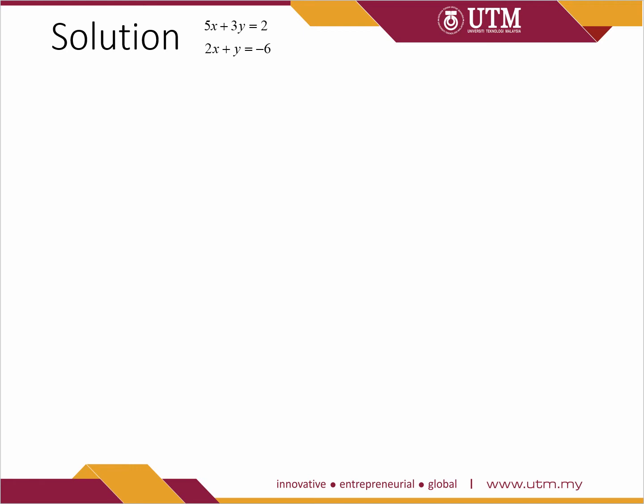Here, what we can do first is rewrite this system of linear equations into matrix form. The matrix form will be in terms of AX equals B, where A is the coefficients of the variables x and y. So here we have 5 and 3, 2 and 1, and our matrix X is x and y, because the variables in the system are x and y.